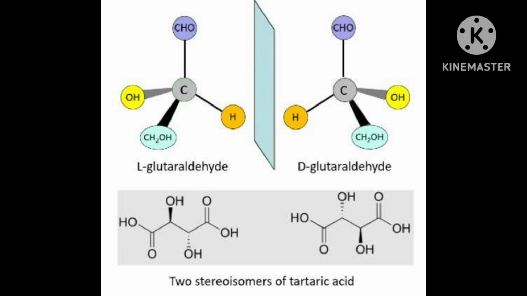These carbocations have trigonal planar shape with the positively charged carbon, and they are sp2 hybridized. This you also remember: in all of these carbocations, carbon is sp2 hybridized.